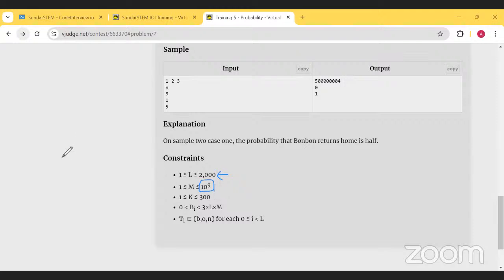So if we want to create string S, the size will be maximum 2 times 10 to the power of 12. Okay, it is impossible to create manually. Anyway. Okay, but then we have to make it simpler.